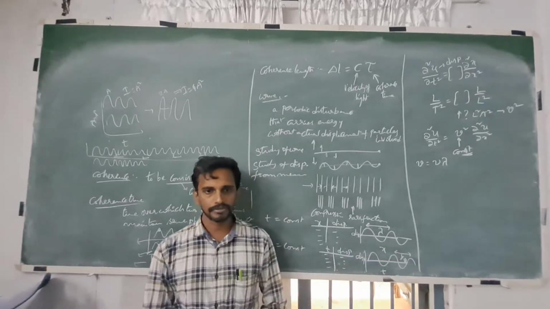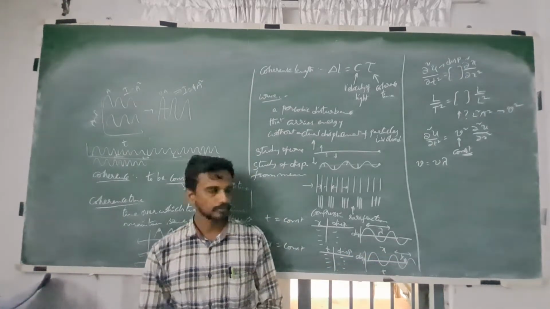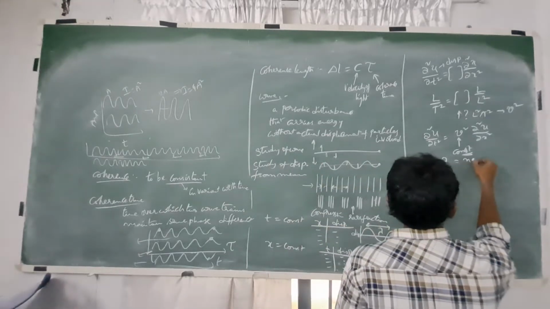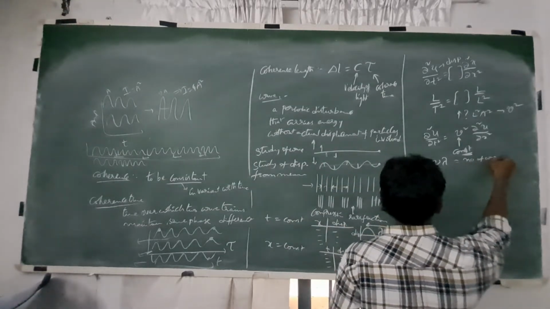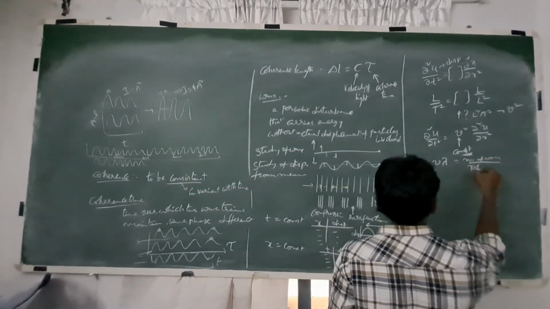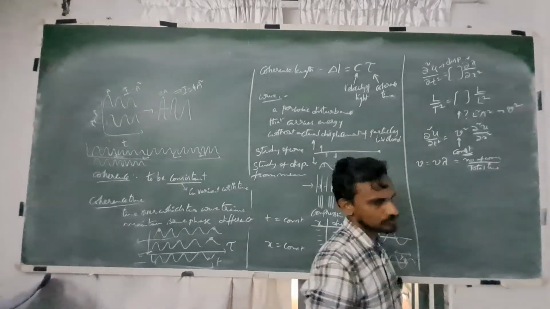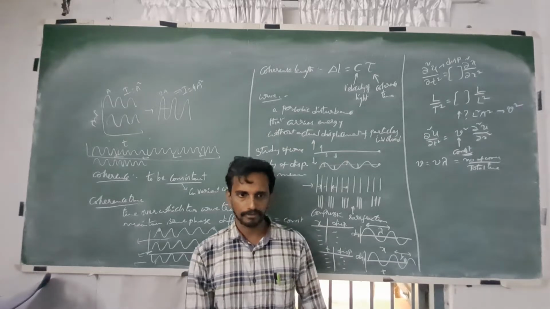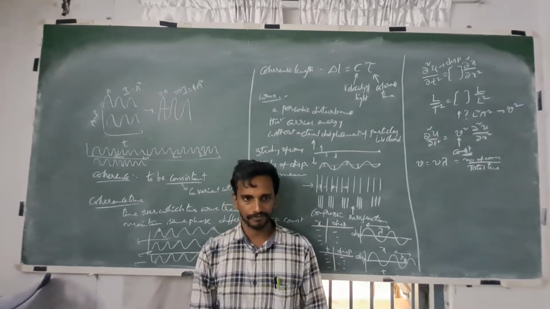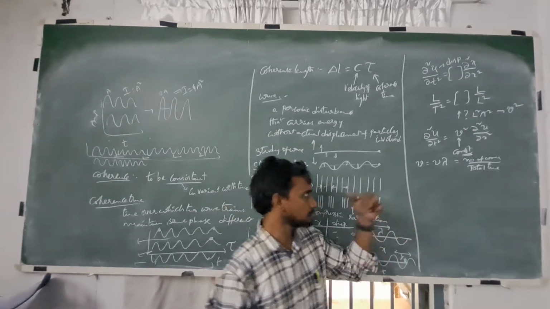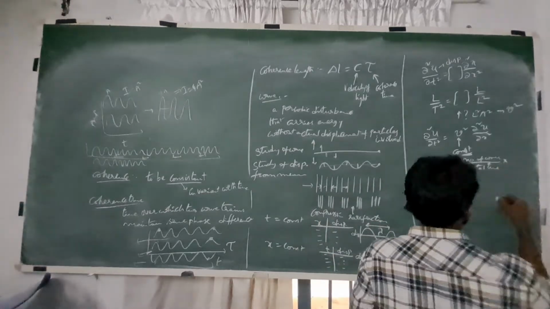Frequency, the number of waves in 1 second. So it is the number of waves by total time. I count the number of waves for 10 seconds and divide it by 10, and I get the frequency. So frequency is number of waves by total time, and wavelength is the length of a single wave.